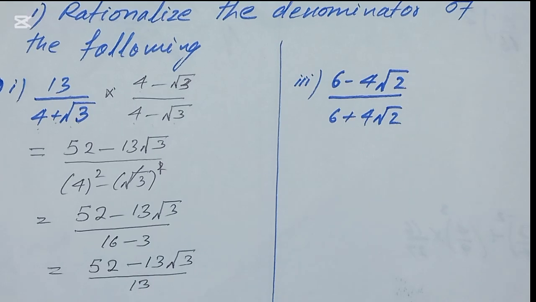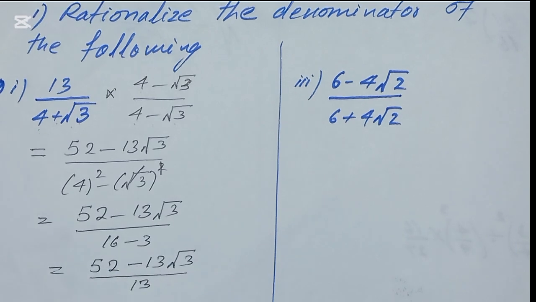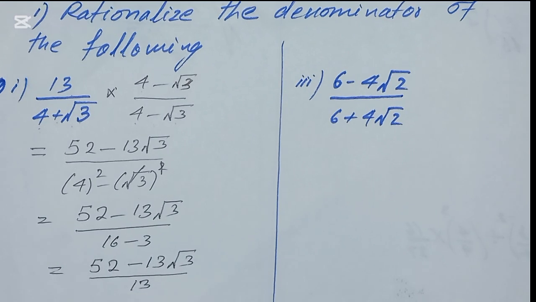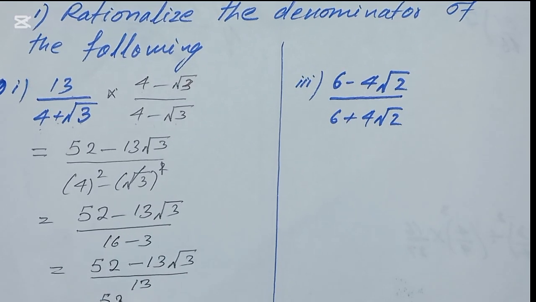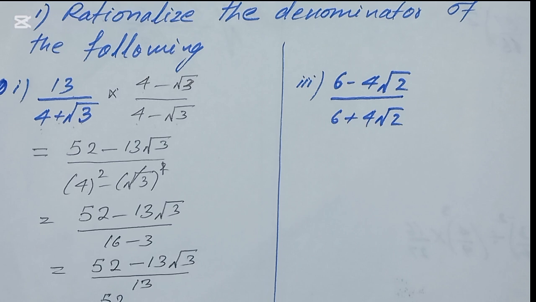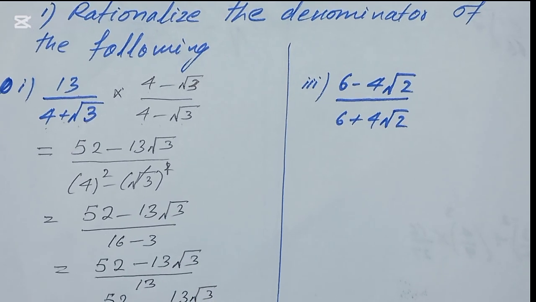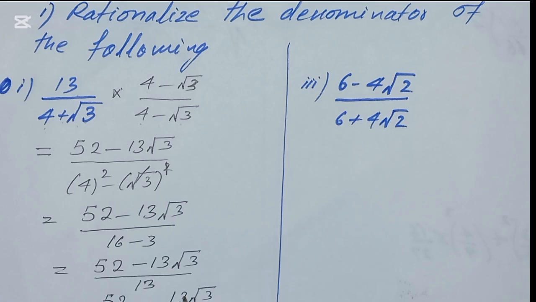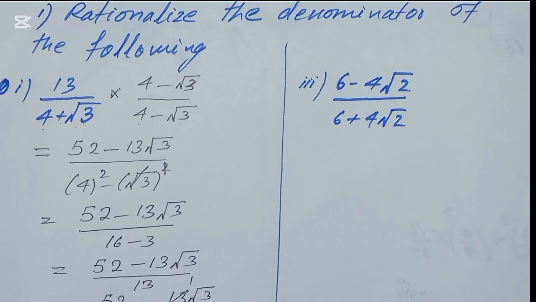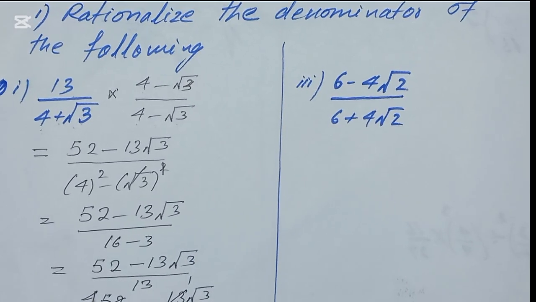Now we can see that 13 is common in the two terms of numerator. 52 is divisible by 13 and here is also 13, so we take 13 common, or this can also be written in this form: 52 by 13 minus 13 under root 3 by 13. 13 ones are 13, 13 fours are 52.